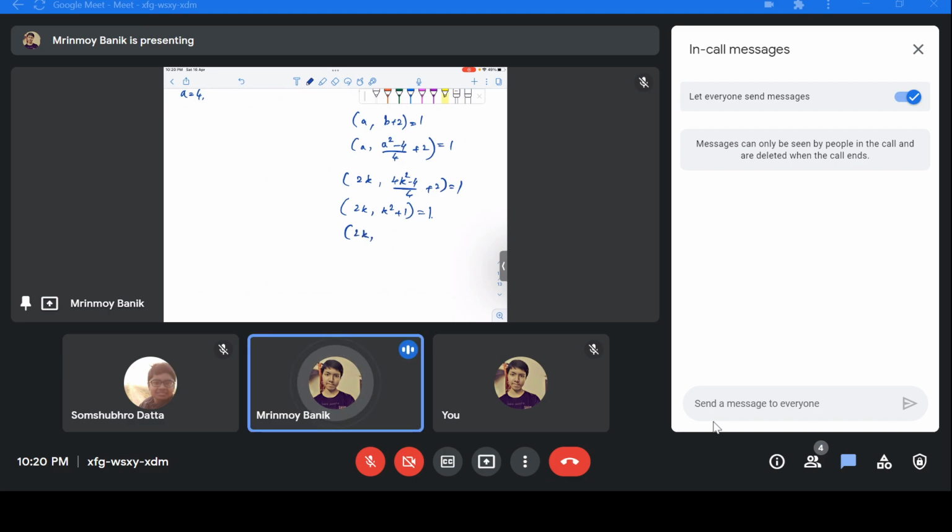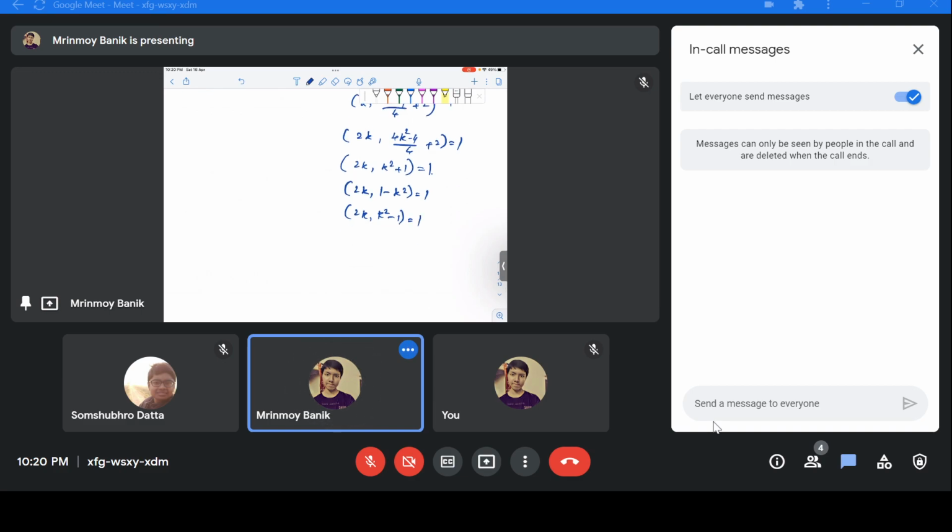Then multiply by k and subtract once. So it's 1 minus k squared, 2k. We can make it k squared minus 1. So k squared minus 1 has to be odd somehow.